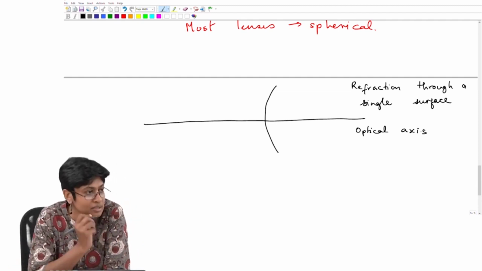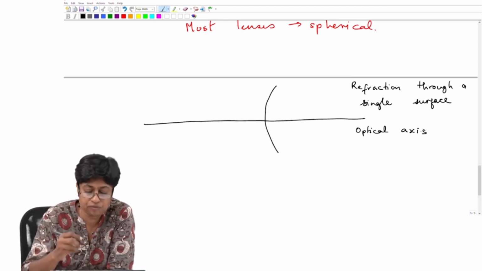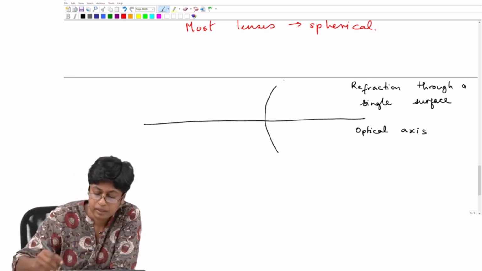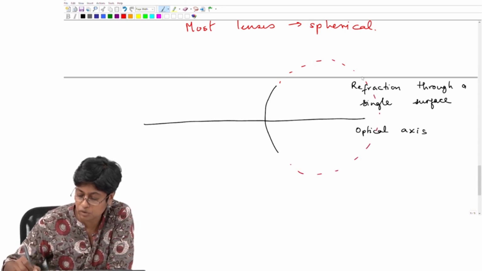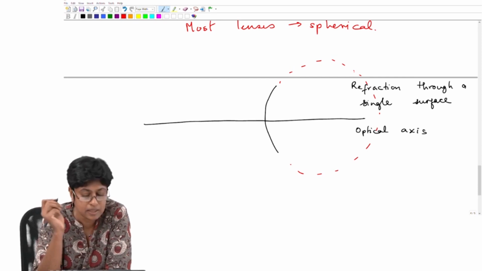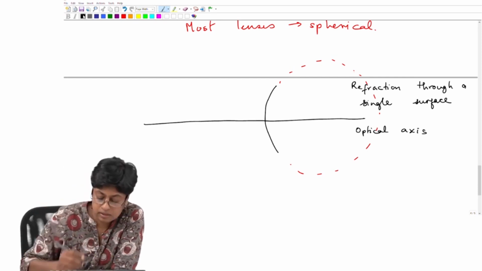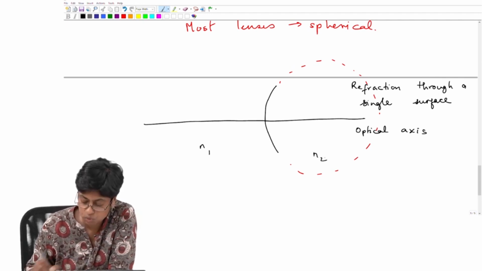The difference is I am now specifying that this curvature is of a sphere. Okay, so if I were to continue this, I would actually draw a circle over here, right? Okay. This is medium N1, this is medium N2.